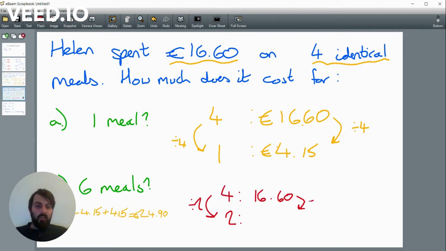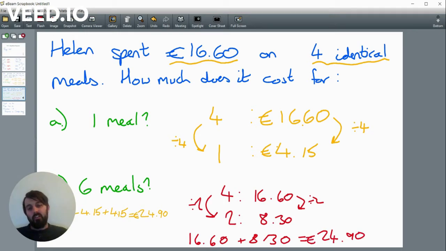So we do the same on the other side, and you would get 8.30, and then you would do your 16.60, add your 8.30, and you get the same answer. So there's different ways to do these questions. Quite often, if you find out what 1 is, it makes it much easier to do the rest of it, because then you can just times it by however much you want, or add it on as many times as you want.